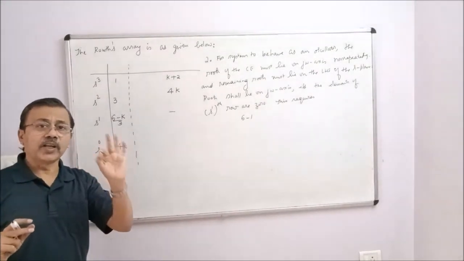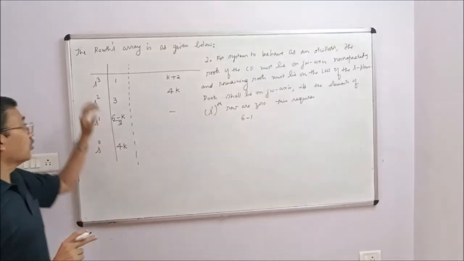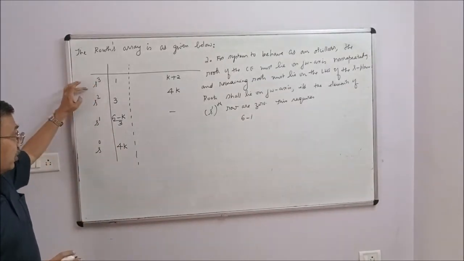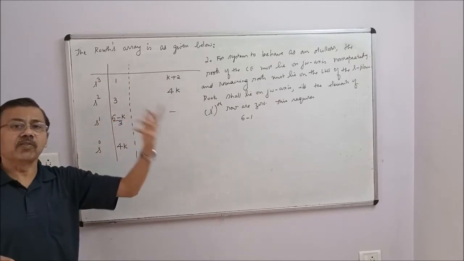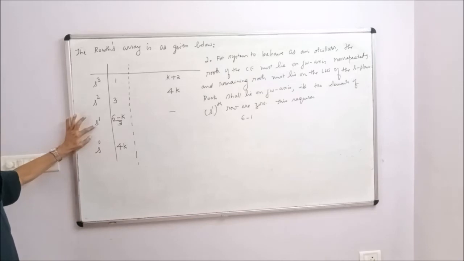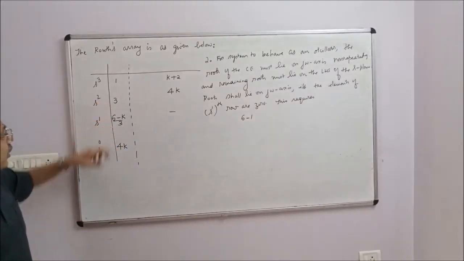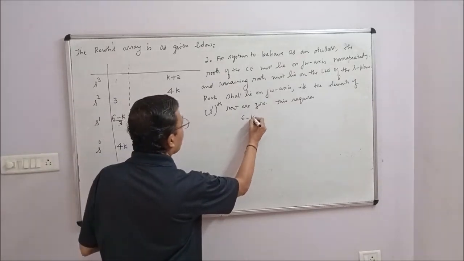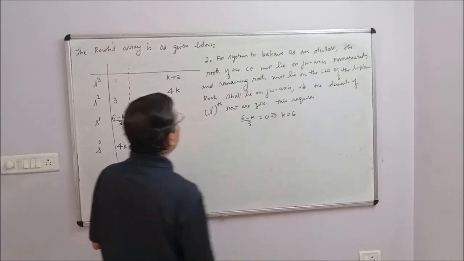S cubed is an odd row. The elements of this row cannot be 0 because they have been entered from the given characteristic equation. S to the power 1 is also an odd row, and its elements can be 0. Therefore, I put (6-K)/3 equal to 0. This implies K is equal to 6.